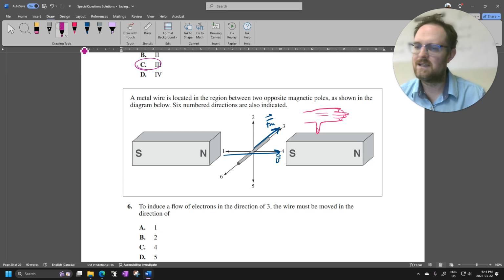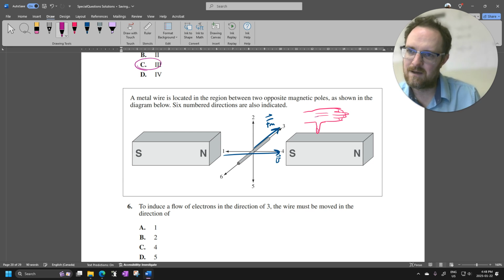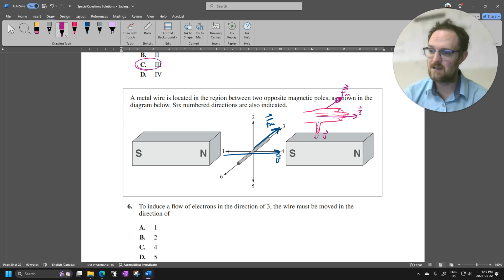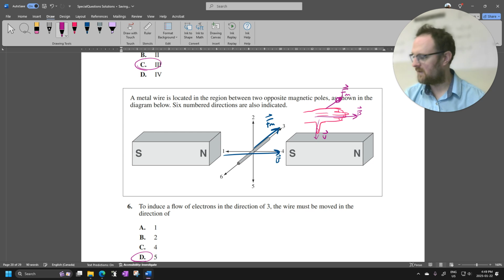The reason I did that is because this is the direction of my magnetic field, right? I put my palm in the direction of the force. That's a 3-dimensional arrow there, so if you can imagine that. And my thumb is the direction we have to move. So we're going to have to move this thing downwards to number 5 there.